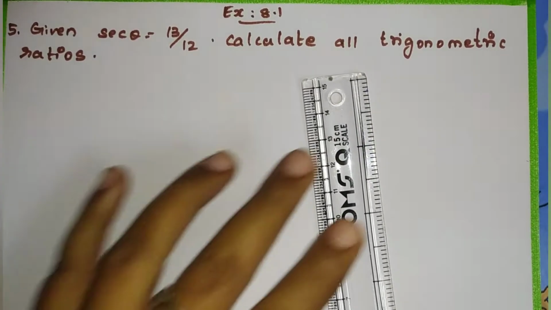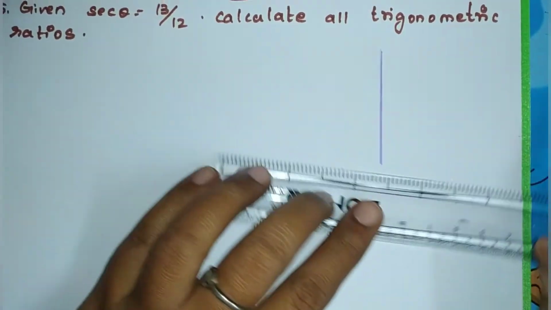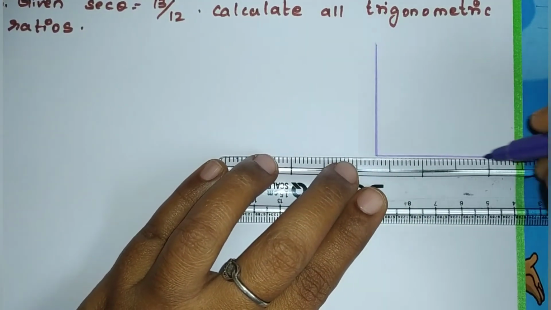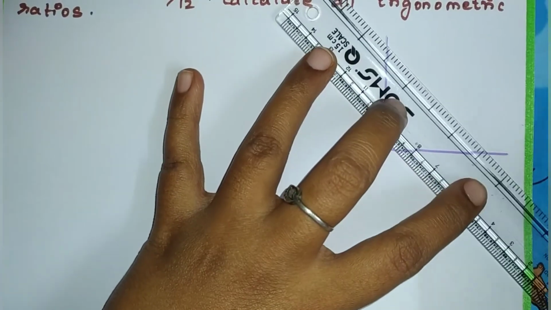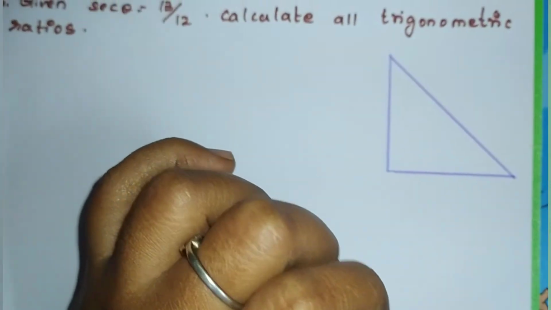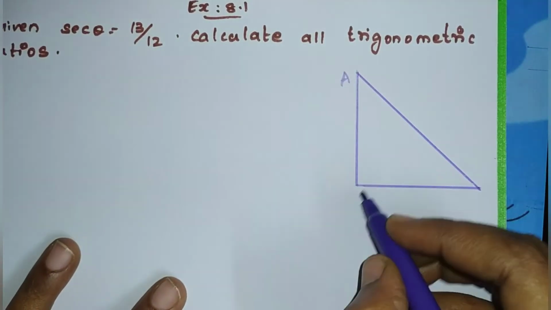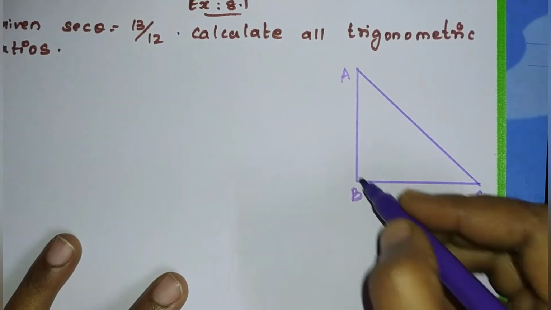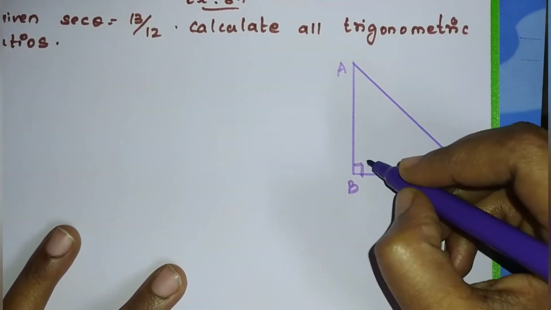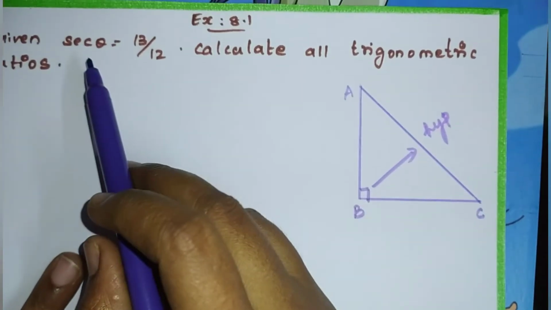first draw a triangle, a right triangle, A, B, C. This is hypotenuse. Which one is opposite? We have to choose.